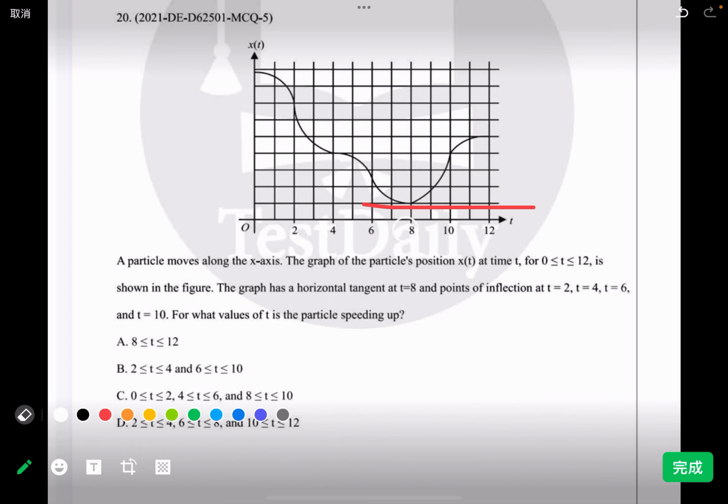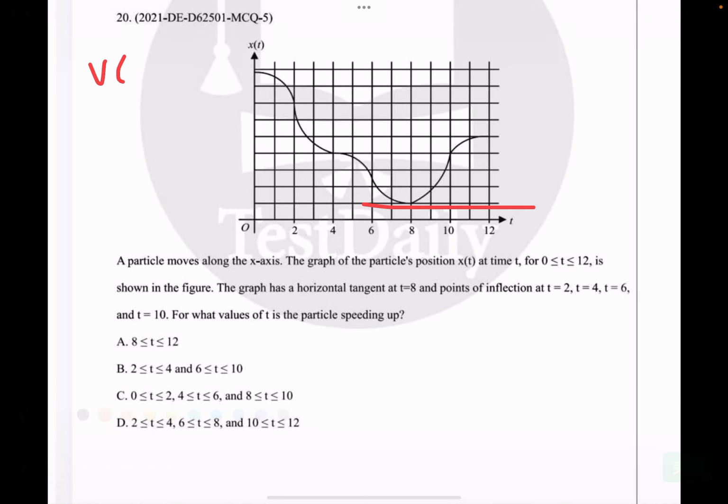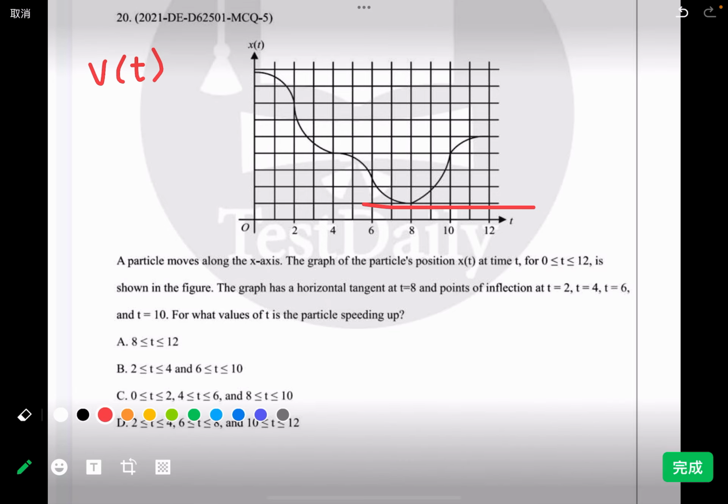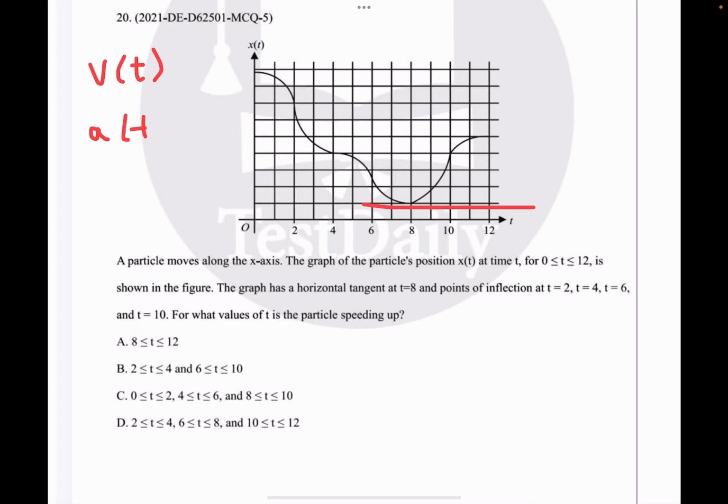So if we want to determine whether it's speeding up or slowing down, we need to look at the speed or the velocity of the particle, and also the acceleration of the particle.